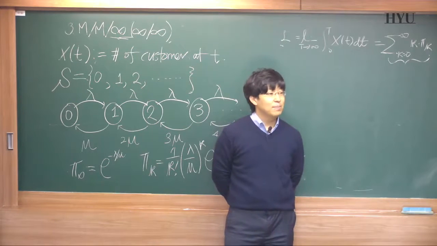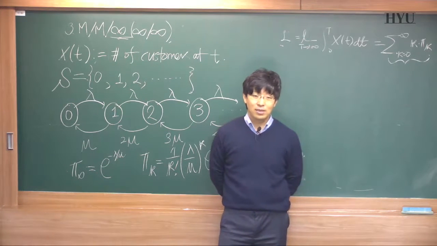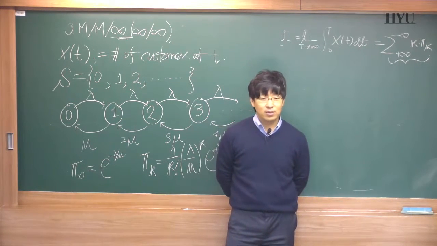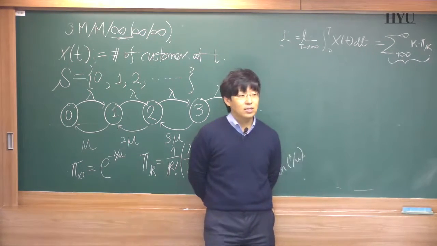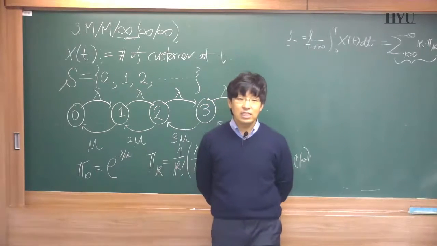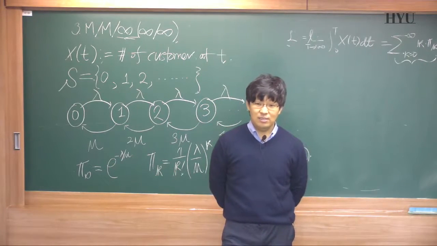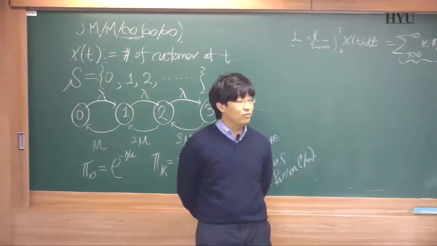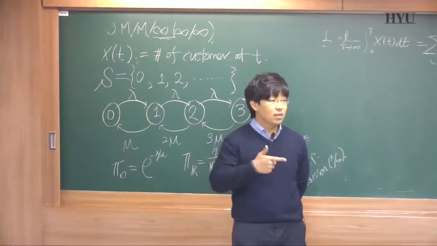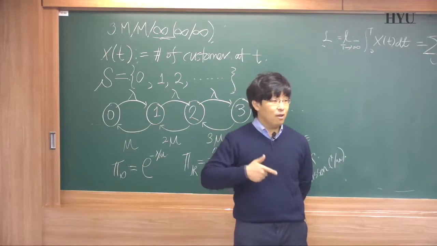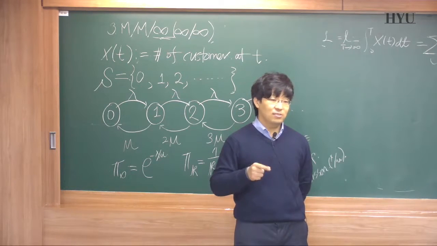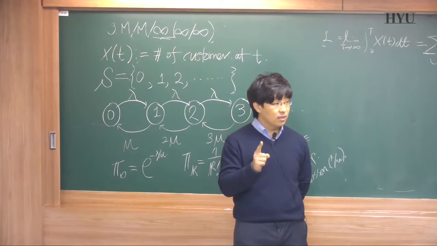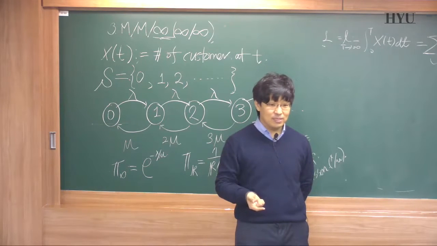But as I mentioned before, do we need any buffer? No. As long as someone arrives at the system, he or she can get service instantly. Quite tricky. Even though the arrival rate is quite a lot larger than the service rate, this service rate is for just one single server, and we have infinite servers.